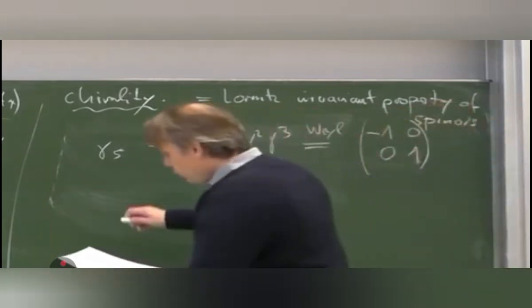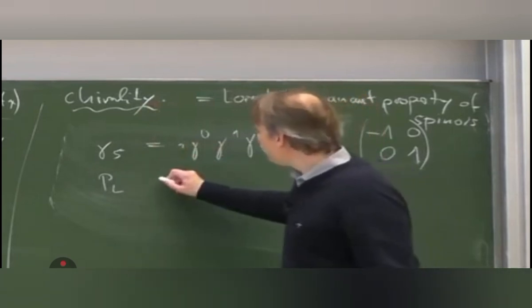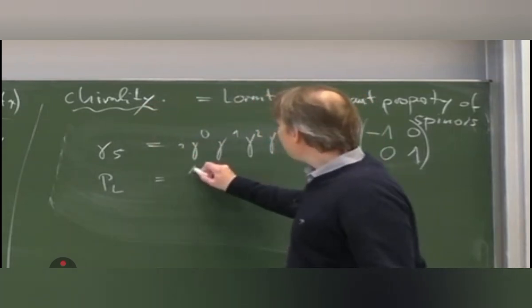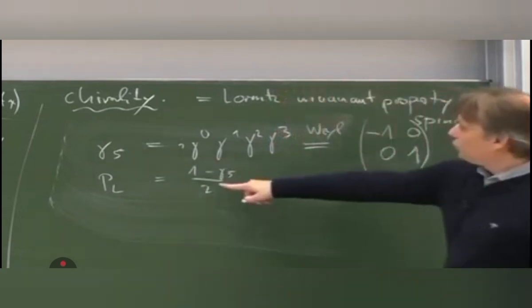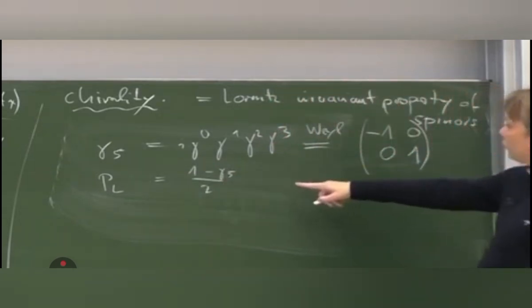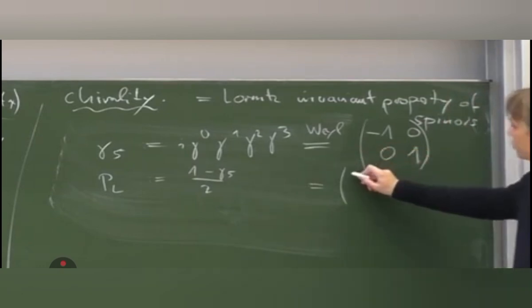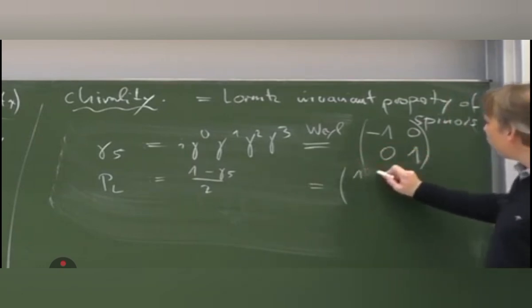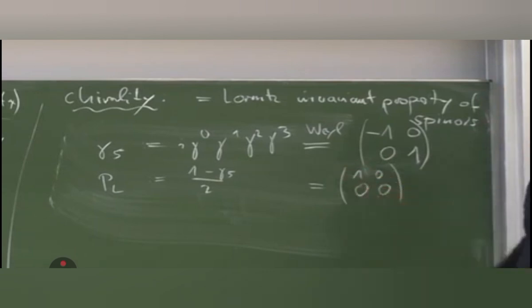And then we define projection operators. P left is (1 minus gamma 5) over 2. And what is that in this Weyl representation? This would just be the block matrix 1, 0, 0, 0 with ones and zeros on the diagonal.